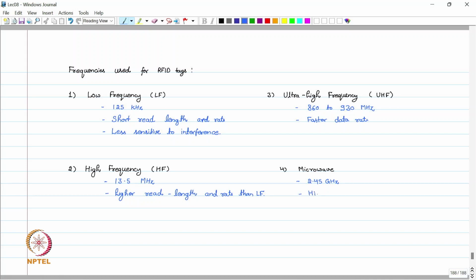These have the highest data read among these. But the range is limited, of typically few feet.